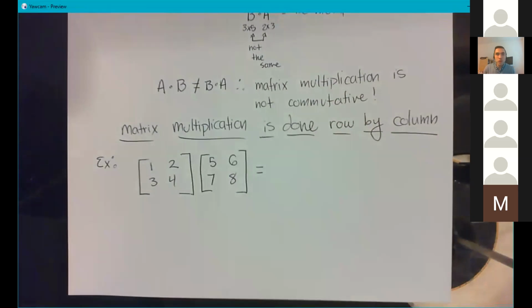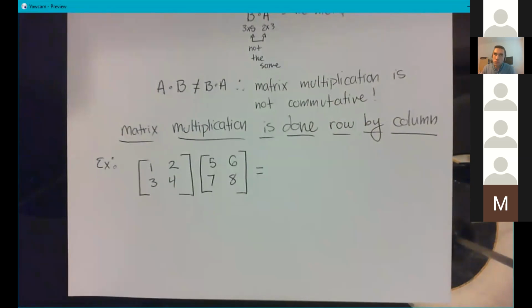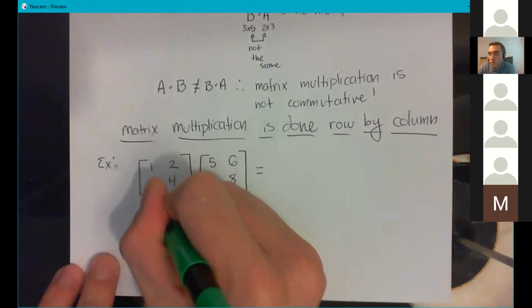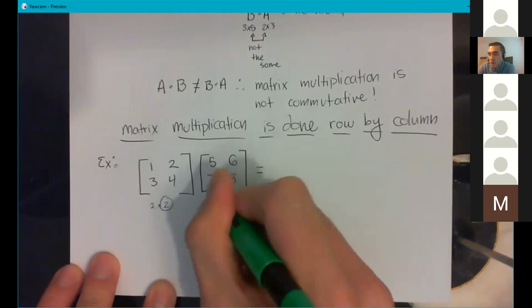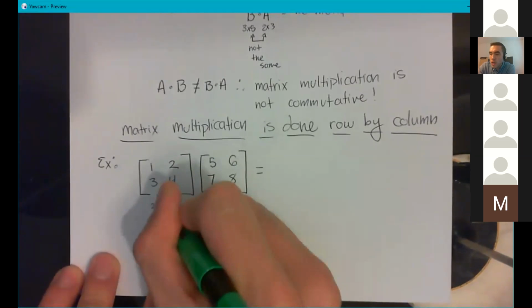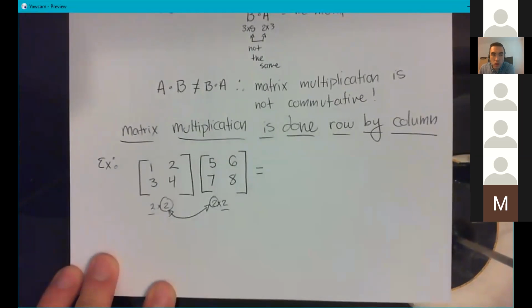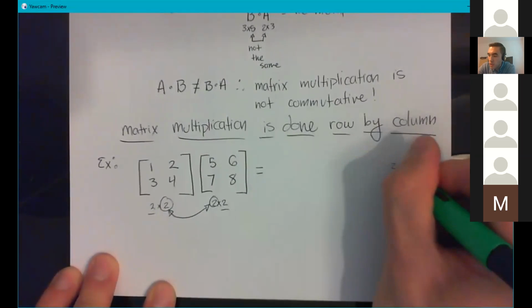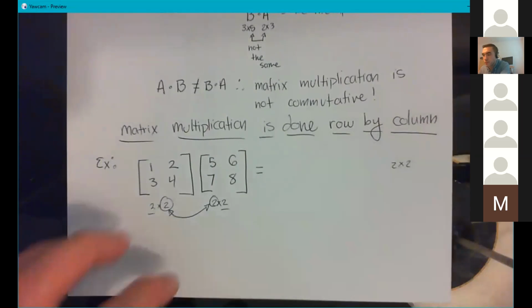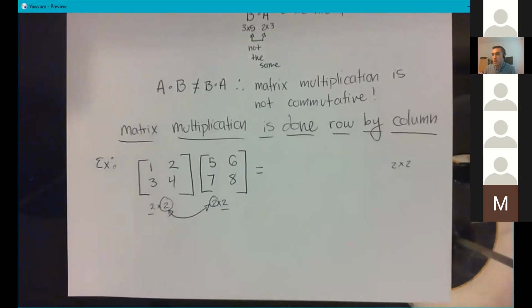The first thing we want to realize is, is matrix multiplication possible here? Yes, and we know that to be true because this is a 2 by 2, this guy is also a 2 by 2. These inside numbers match, and so the outside numbers tell us the outcome will also be some kind of 2 by 2. That part's nice and easy.